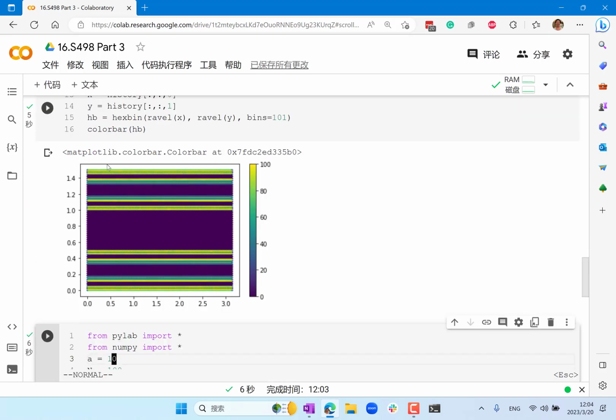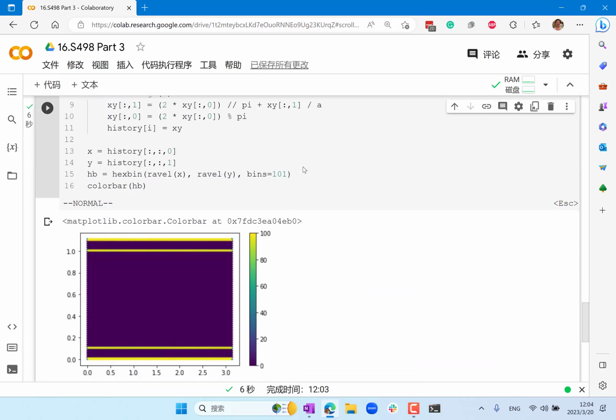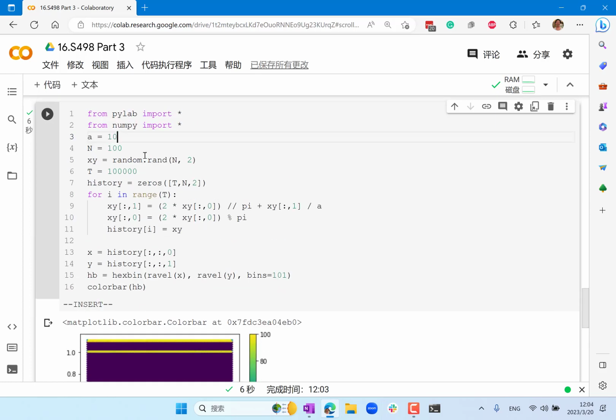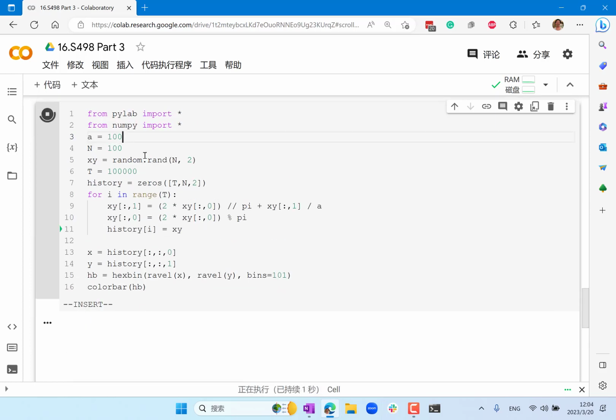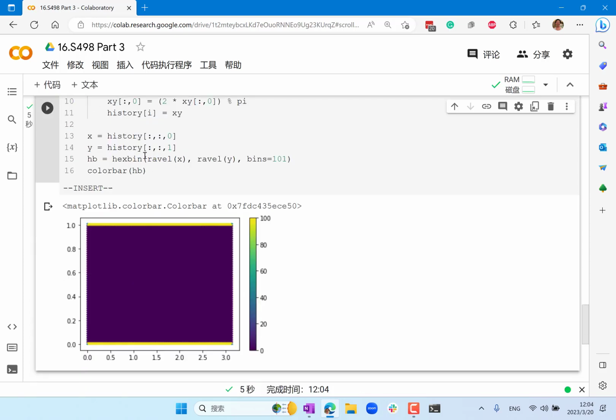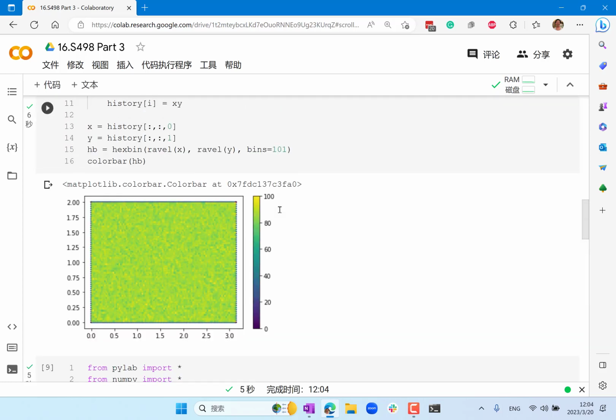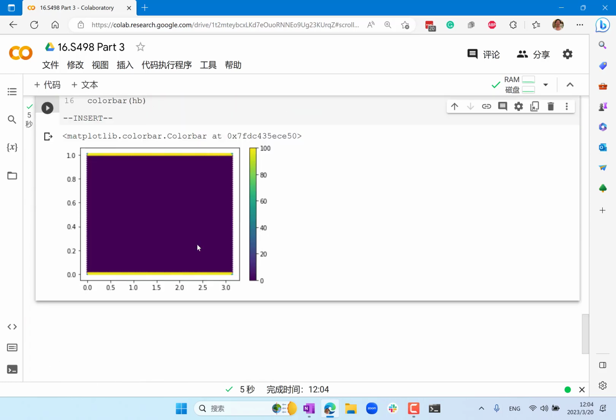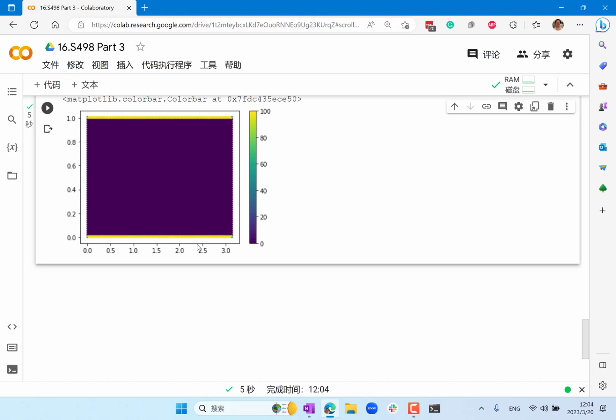It's all uniform pretty much in the x direction. But the y direction did change a lot. For example, if we make a equal to 100, as a goes to infinity, what is the behavior in the y-axis? Yeah, it's getting less and less two-dimensional and becoming more and more one-dimensional, right?